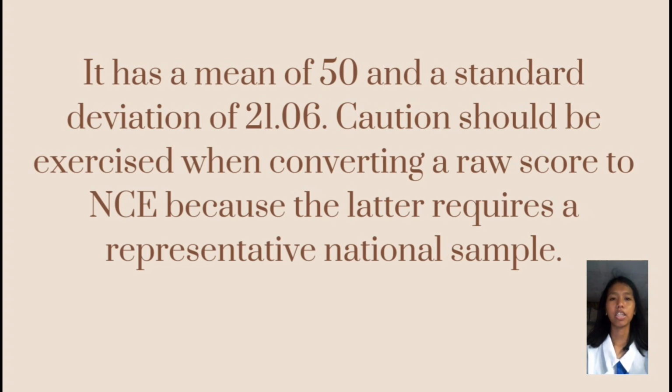Caution should be exercised when converting a raw score to NCE because the latter requires a representative national sample. NCE is preferred by some because it has equal interval quality. Score differences between tests and among subtests in a test battery can be calculated and examined.